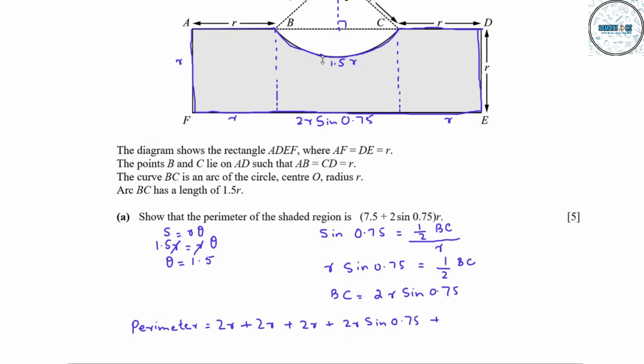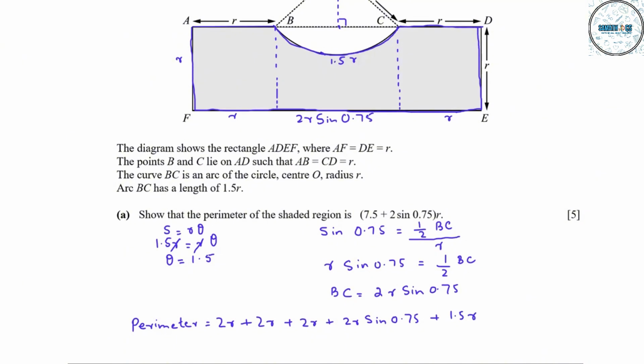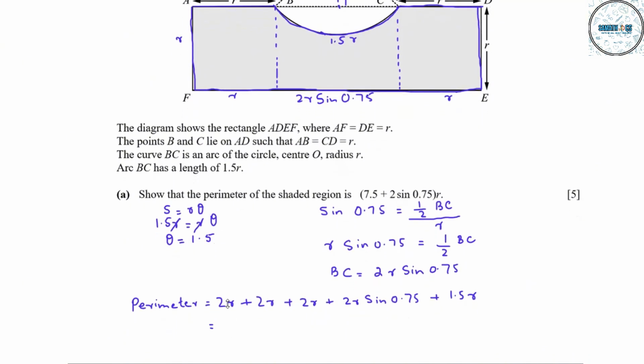Then this circular part, which is 1.5R. 2R plus 2R plus 2R, 6R plus 1.5R, it is 7.5R plus 2R sine 0.75.